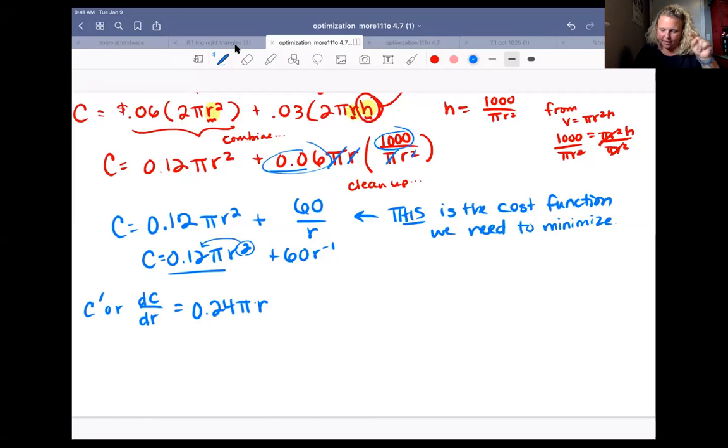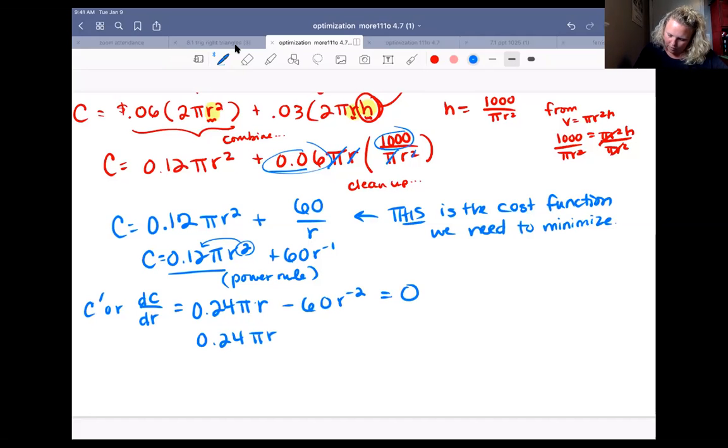And then the plus 60r to the negative 1, that's another power rule. Again, we're just using power rule twice. So we'll bring down the negative 1, making it negative 60, and r gets a negative 2. And that's what we need to find the critical numbers for. So you can make that 60 over r squared. This looks a lot like the formula before. You do have the r in the denominator.